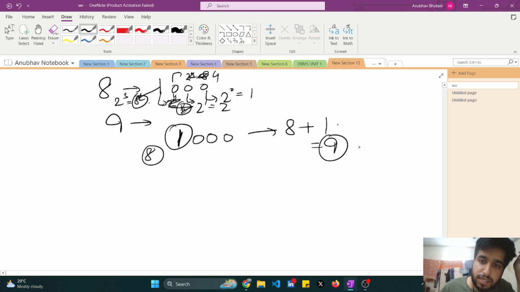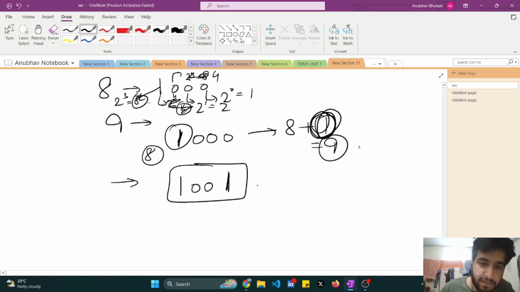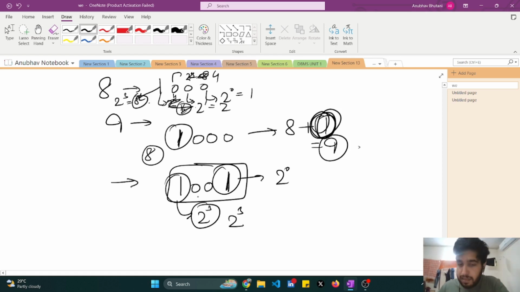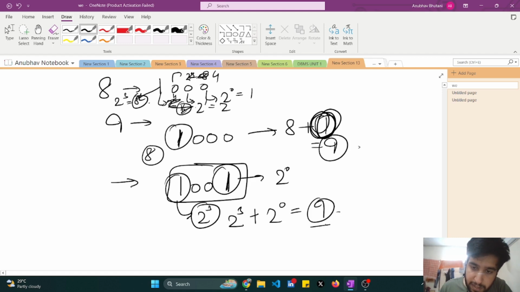So I have to add a 1. For adding 1, I'll simply make the first bit 1. Now it becomes 2 raised to power 3 plus 2 raised to power 0, which is equal to 9.